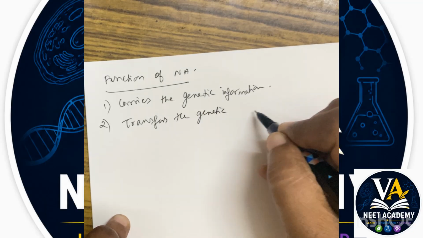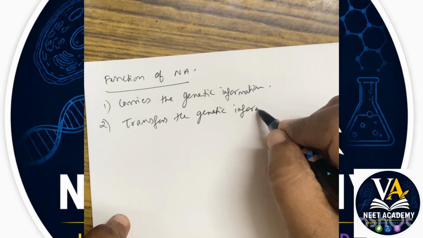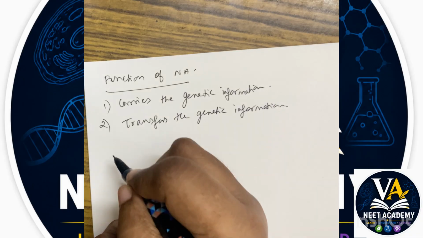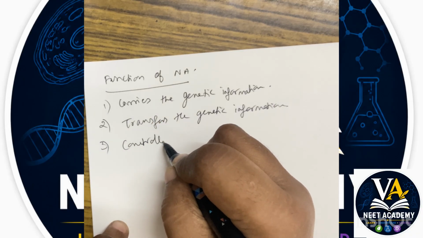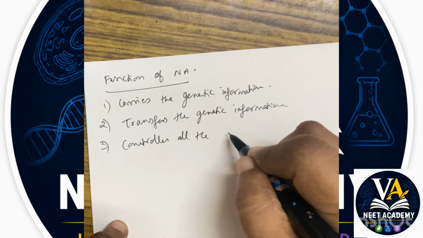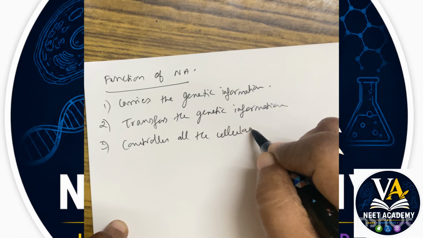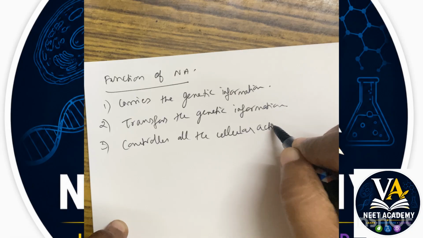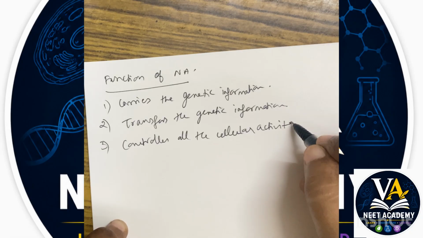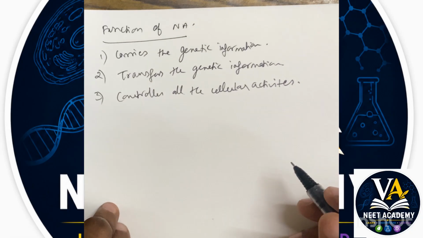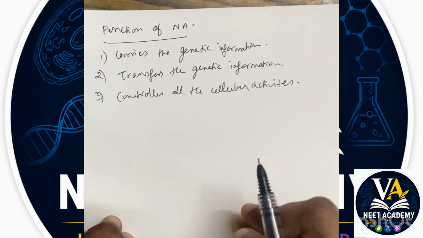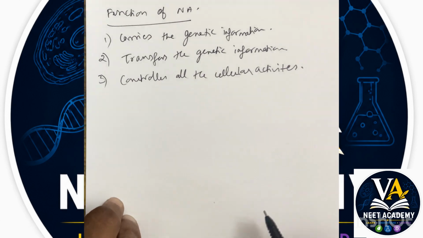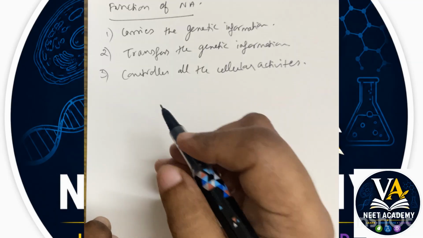It not only carries it, it also gives it to the next generation. And the third role is it controls all the cellular activities. So the mastermind of our cell is DNA and RNA, that is, nucleic acids. So these are the functions of a nucleic acid.